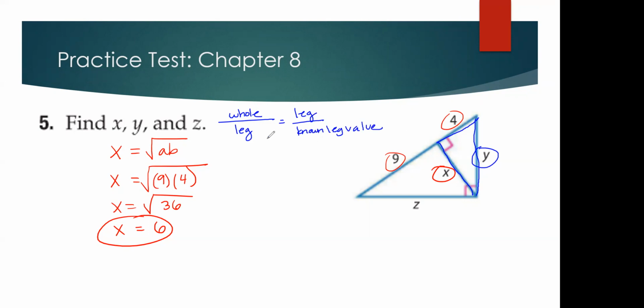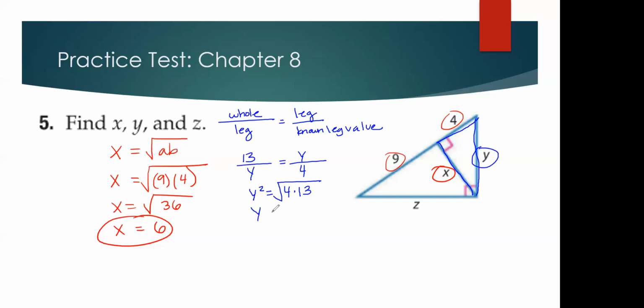When we set up our proportion here, the whole hypotenuse would be 9 plus 4, which is 13. We're looking for y, and we know that this leg is equal to 4. So we cross multiply and end up with y squared is equal to 4 times 13.